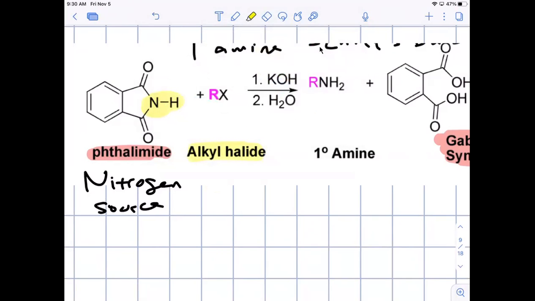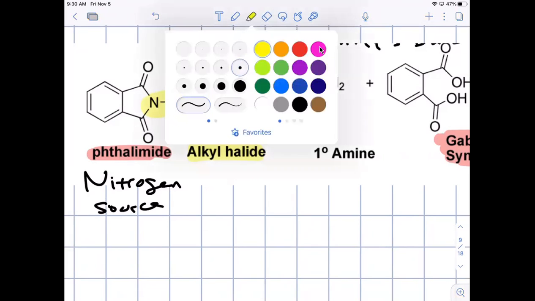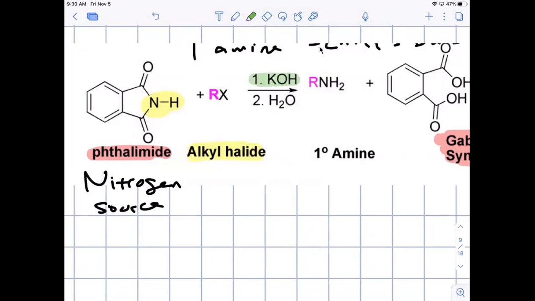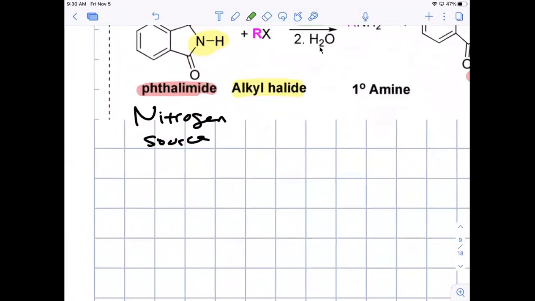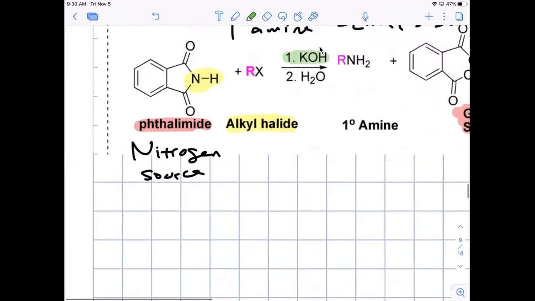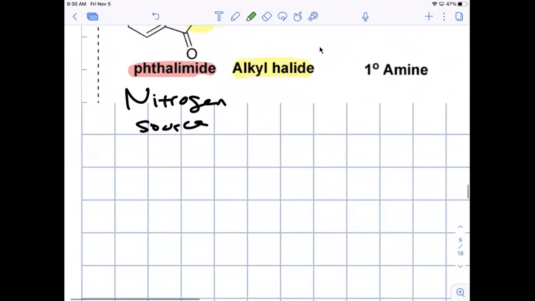All right, and then you need a base. The base is there on purpose, to make phthalimide more nucleophilic, which we'll see, and then you need water to pop open the ring. So let's look at it. So the first step in this reaction is proton transfer between the base and phthalimide.